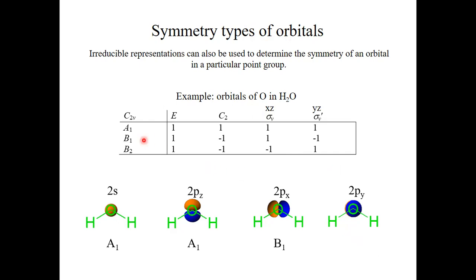So for that reason, we must have the B2 symmetry type, where that character here is -1. So we can also check for the last symmetry operation, the sigma v prime, which is the YZ plane. So as we reflect at the YZ plane, which actually stands here, will the algebraic sign change? No, that's correct. So that confirms that the symmetry type is B2.